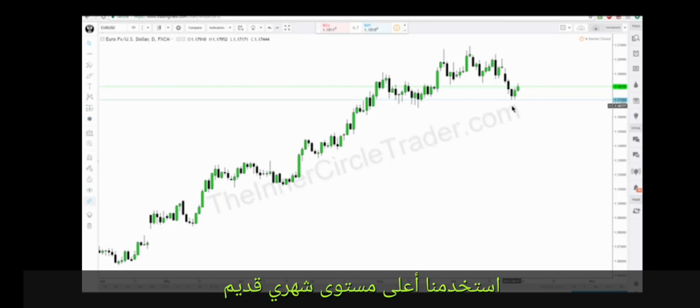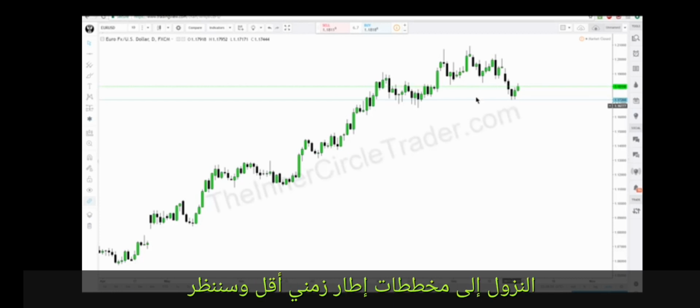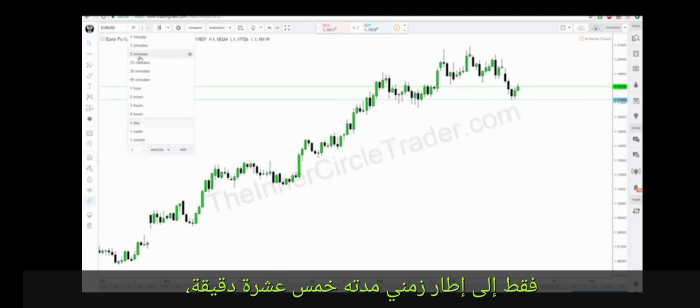We used the old monthly high, and we're finding support. We want to see price trade off of that and give us a pattern. So now we have a level, rounded to an institutional level, 117.20, and now we can drop down into lower time frame charts, and we'll just look at a 15-minute time frame.